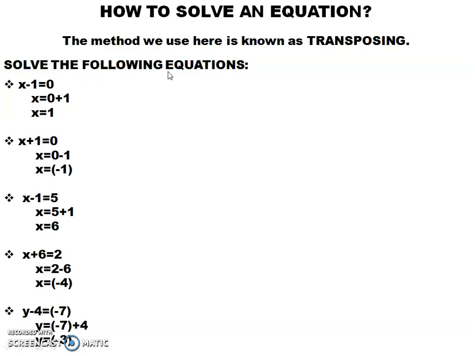Solve the following equations. The equation given to you is x - 1 = 0. Read it with me. x - 1 = 0. Students, this part is known as the left hand side and this part is known as the right hand side, LHS and RHS.